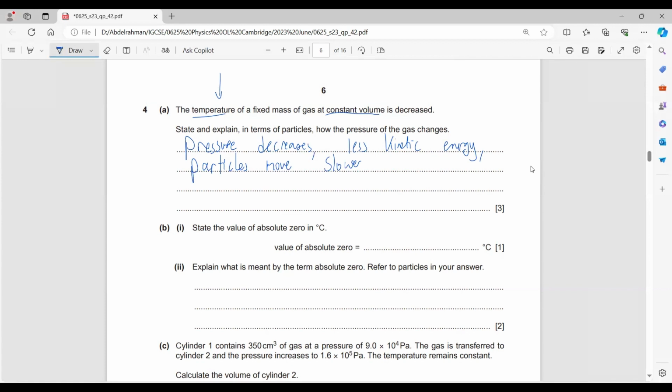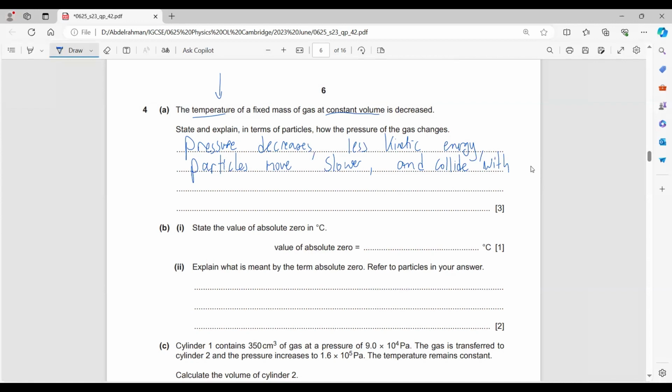Where do they collide? It's force. And collide with what? With each other? Where do the particles collide? That's a really important question. They collide with the surface area. You have to say they collide with the walls.